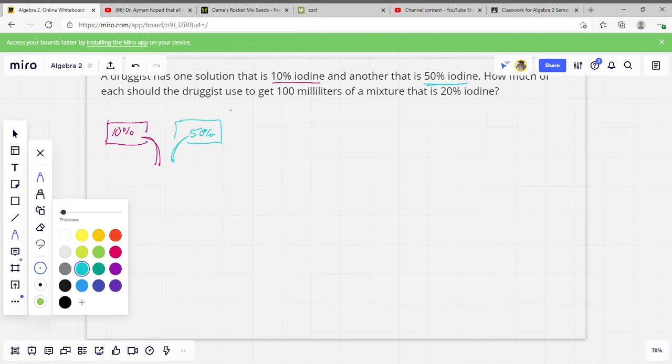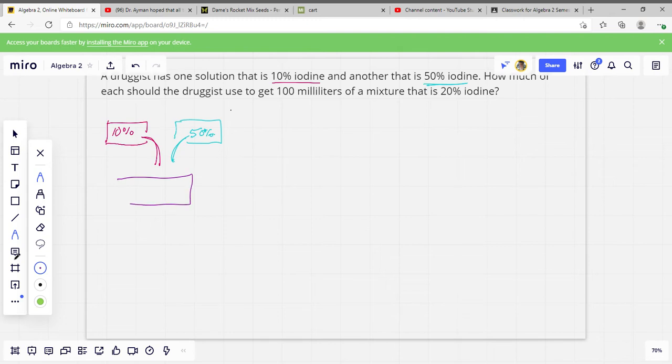Those are going to mix together into this container. So those pour in and they mix. And we need this one to be 20%. And the volume of this one is going to be 100 milliliters.